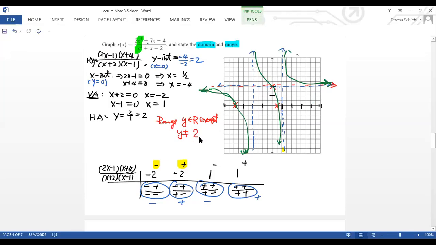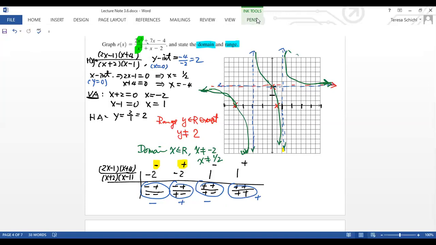Okay, the same thing here, let's take a look at the domain, right? So let's try one more time. x can be from negative infinity to positive infinity, but x cannot be these two, right? So that's why, as I said, x is in the real numbers, except x cannot equal negative 2, and x cannot equal 1.